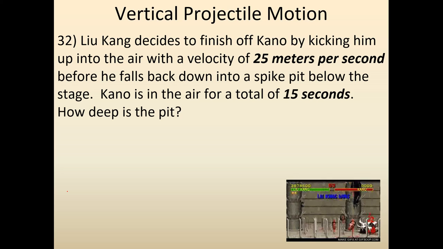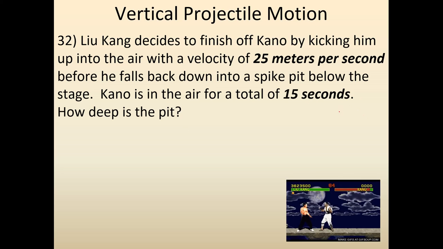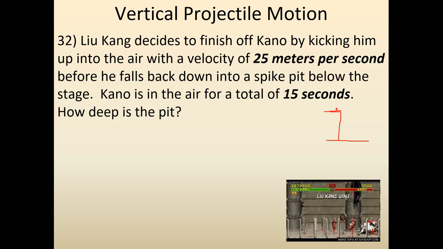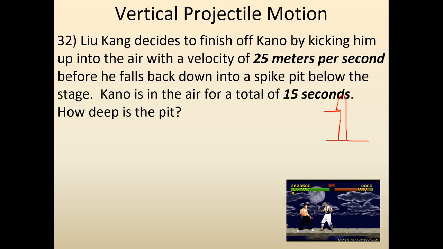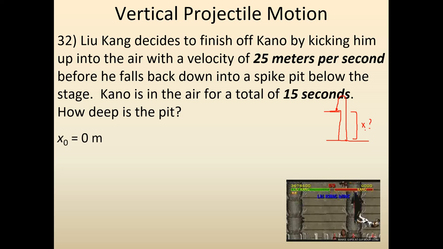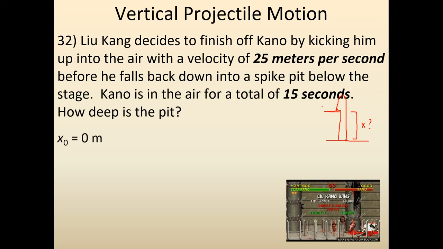All right, so here we end up having the situation. I want to make sure that I don't accidentally draw on it. So the person's kicked up, comes down, and then falls here, and we want to know this distance. What we're going to say is that we're going to assume that this is 0. We don't have to do that.